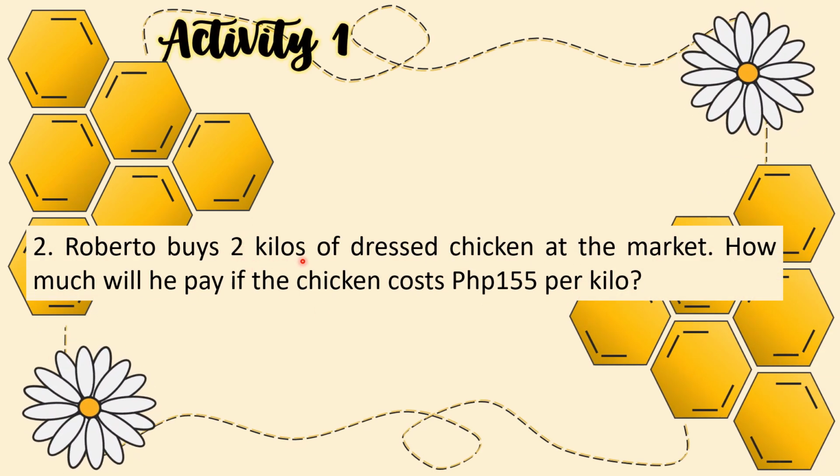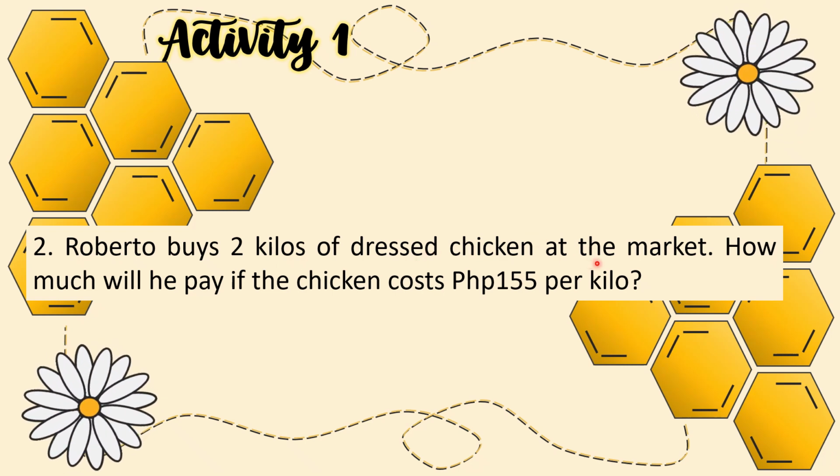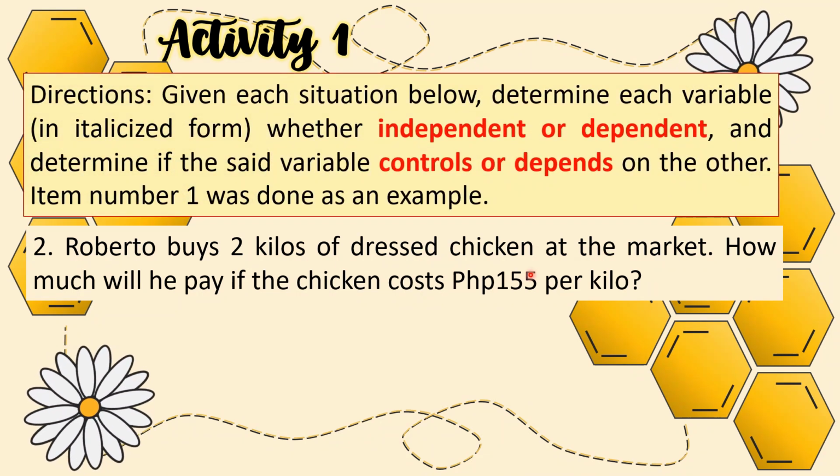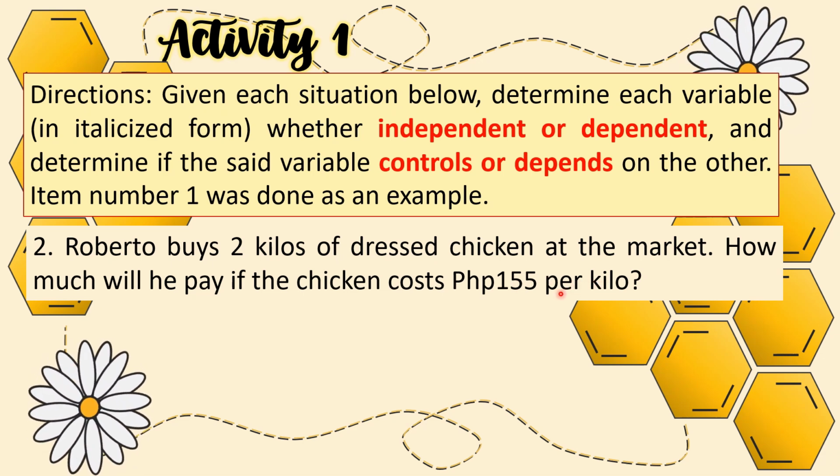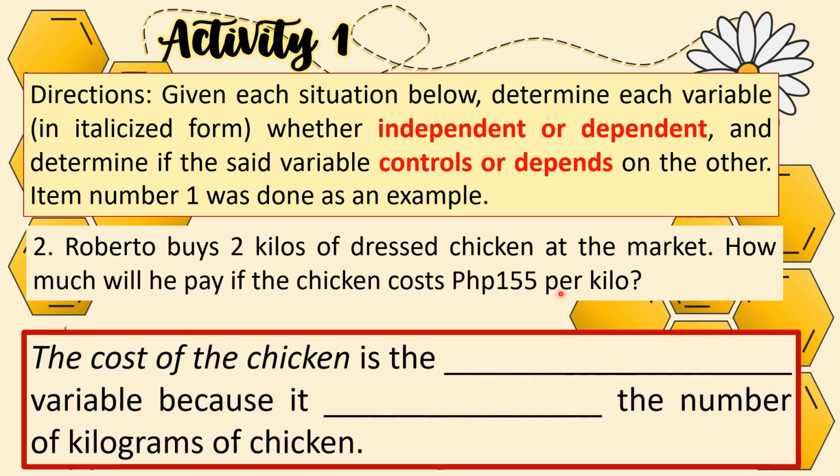Now let's proceed to number 2. Roberto buys 2 kilos of dressed chicken at the market. How much will he pay if the chicken costs 155 pesos per kilo? So the cost of the chicken is the blank variable because it blanked the number of kilograms of chicken. So what do you think is the answer?